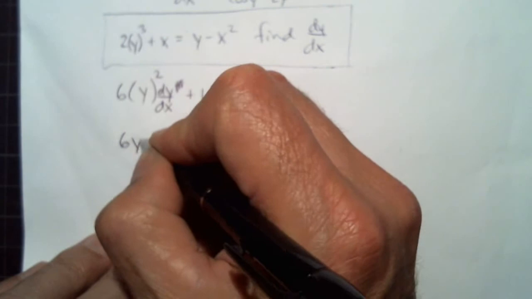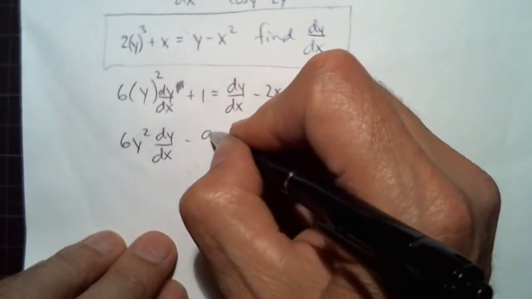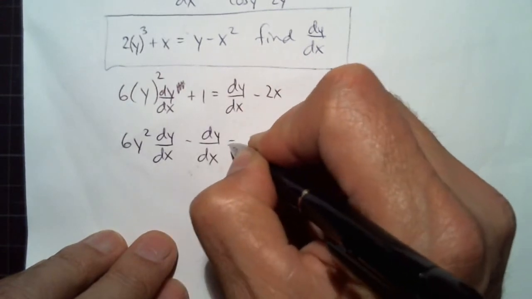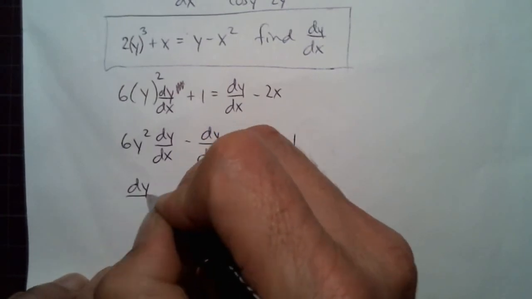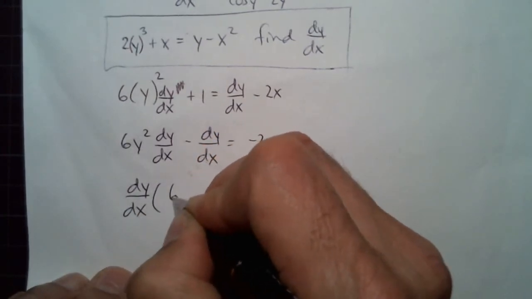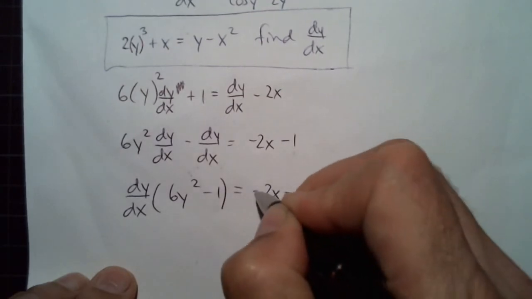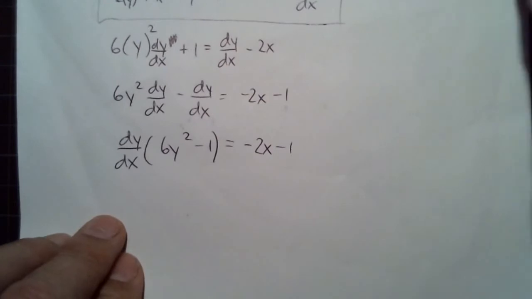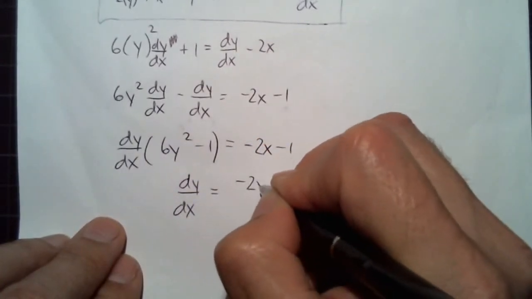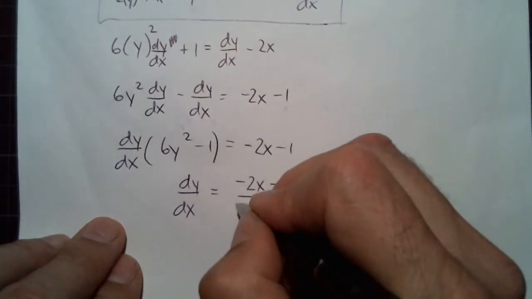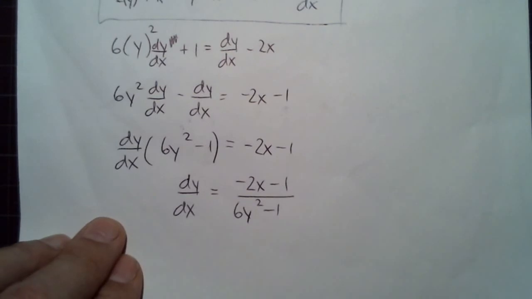We have 6y squared minus dy dx, negative 2x minus 1. Divide by that, and we're all done.